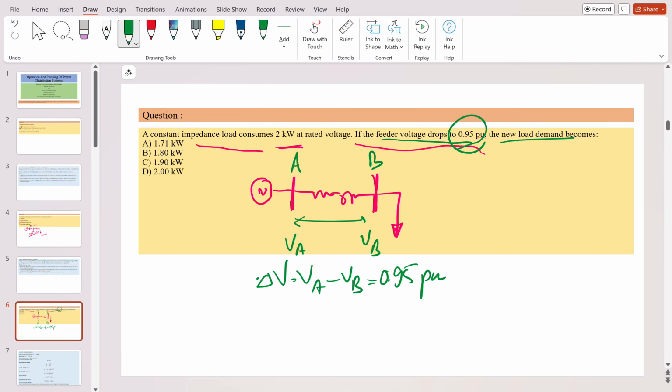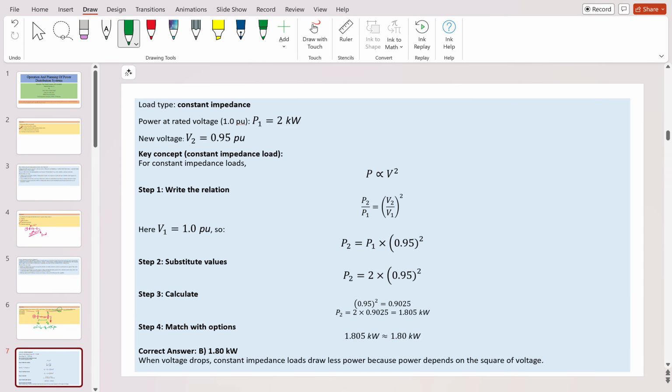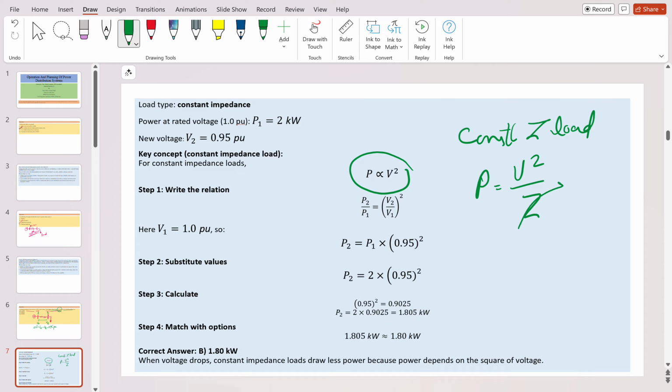When you see the problem here, power is basically V square by Z. Why? Because it's a constant impedance load, constant Z load. So the power is V square by Z, and if Z is constant, power will be proportional to V square. Initially, let's consider 1 pu, when there is no feeder voltage drop.